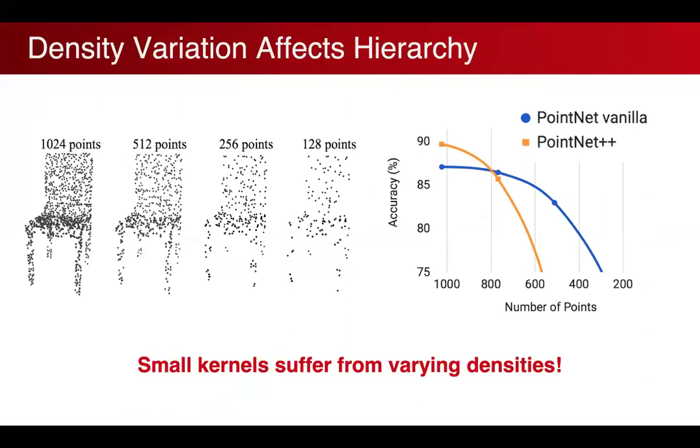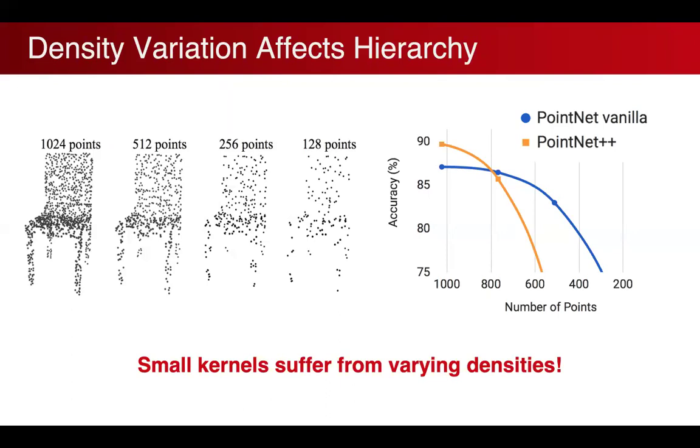So you see here that compared to vanilla PointNet, with PointNet++, if the distribution of the points has a variable density, so you have in this chair, the seat has a density much higher than in the back and in the legs, and then if we drop the number of points from 1024 to 128 and apply this for a hierarchical PointNet to do some classification or other processing, as we change the number of points, this has a huge impact.